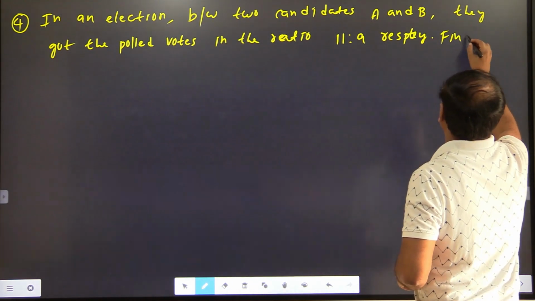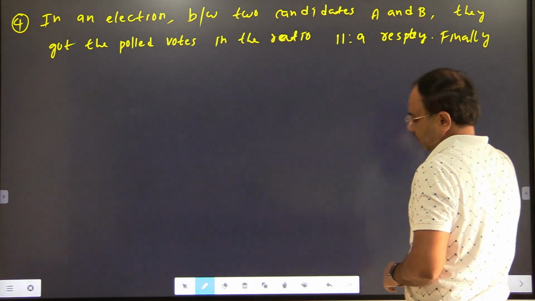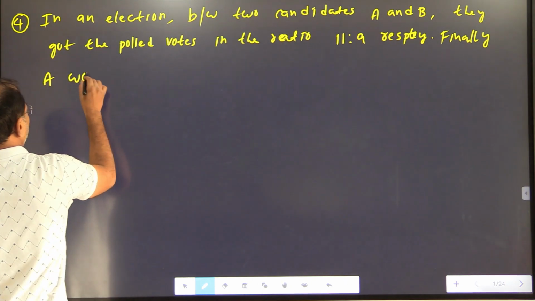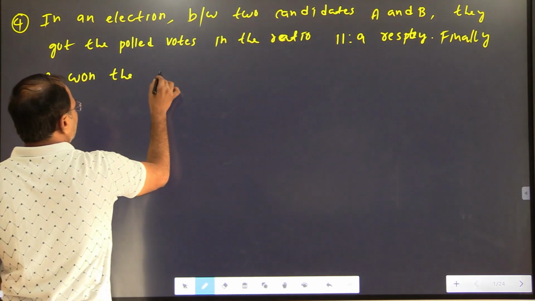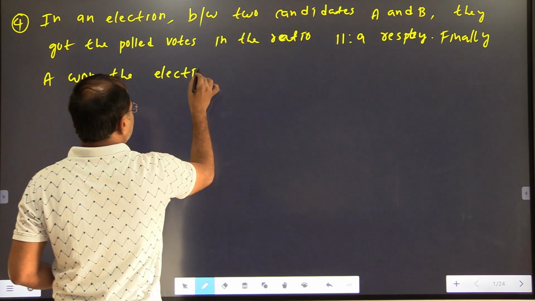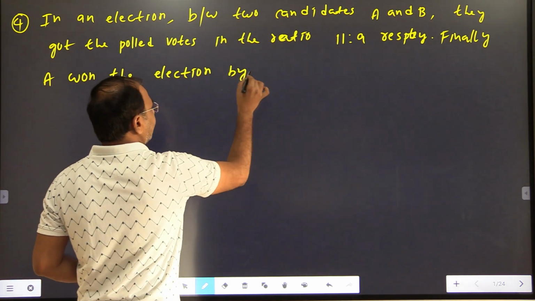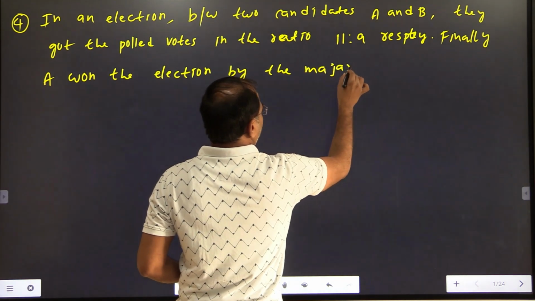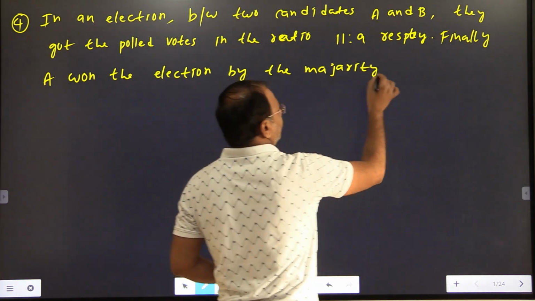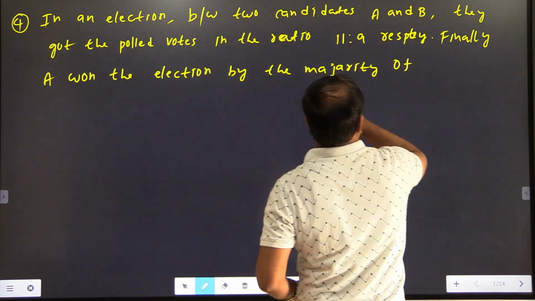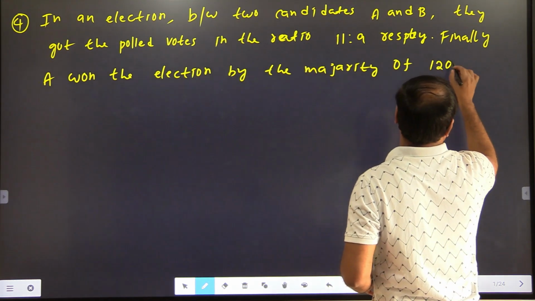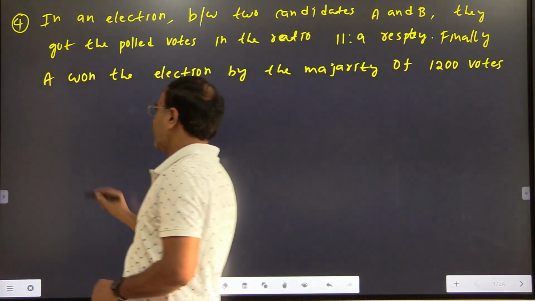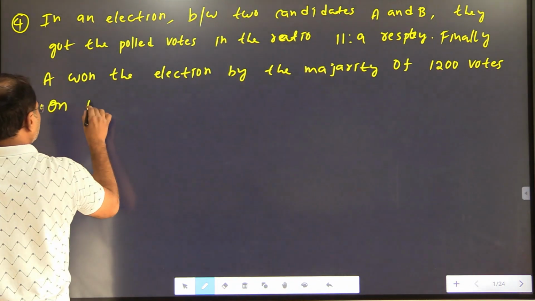Finally, A won the election by the majority of 1200 votes on B.